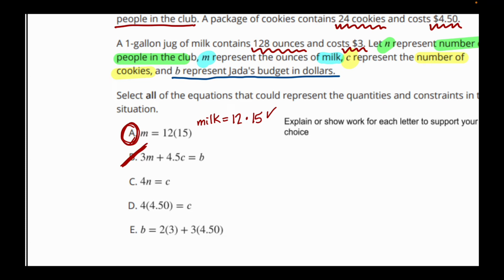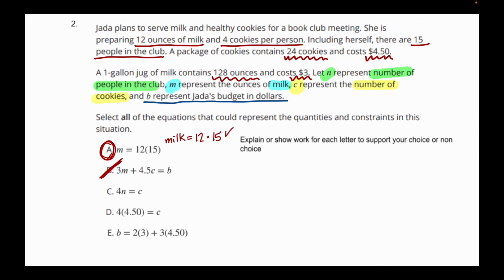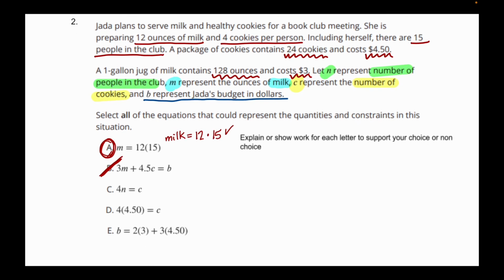This says 4 times n is equal to C. So n was the number of people in the club, and C was cookies. So 4 cookies times the number of people. Yep, that should be one of our descriptions of the number we're trying to meet.